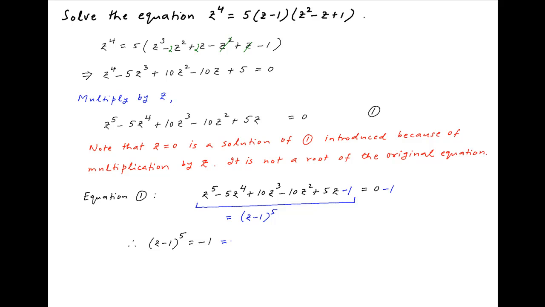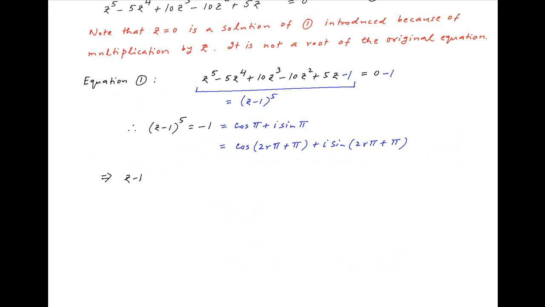Now the right hand side, minus 1, can be expressed as cos pi plus i times sin pi, which can be written as cos of 2r pi plus i times sine of 2r pi plus pi, where r is an integer.